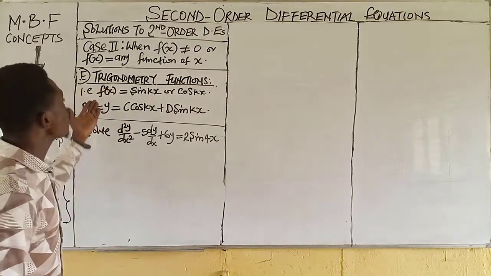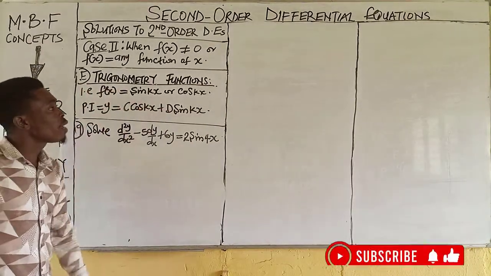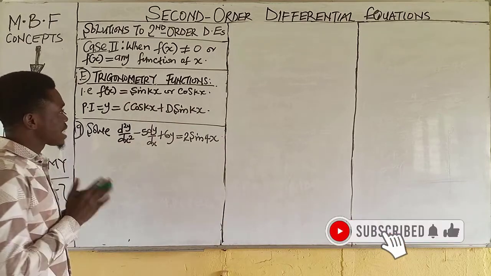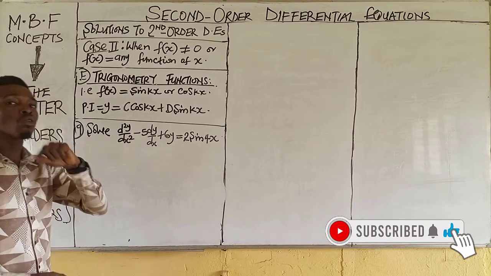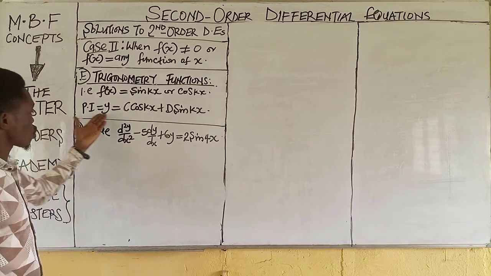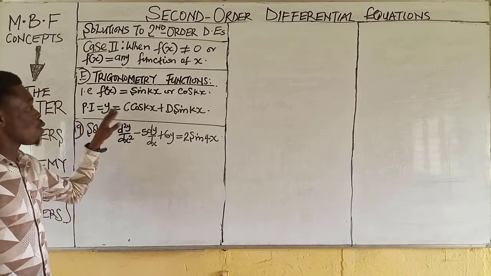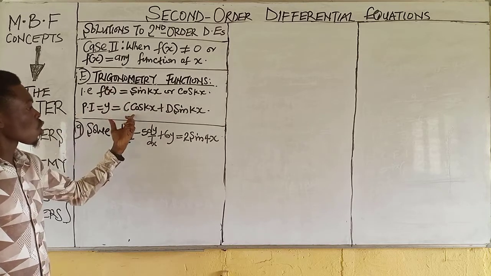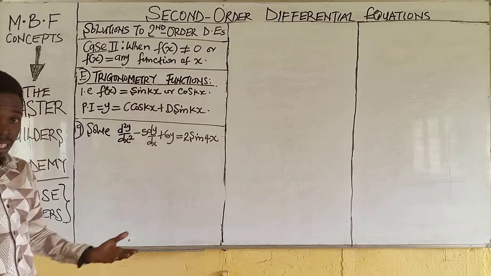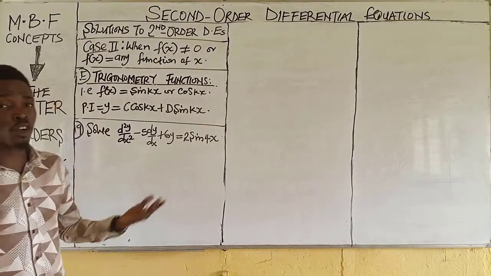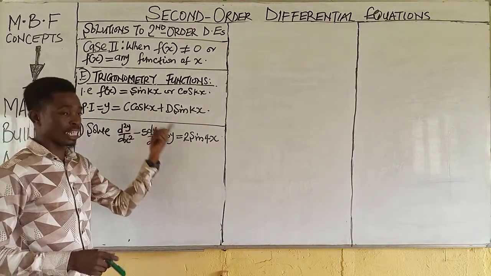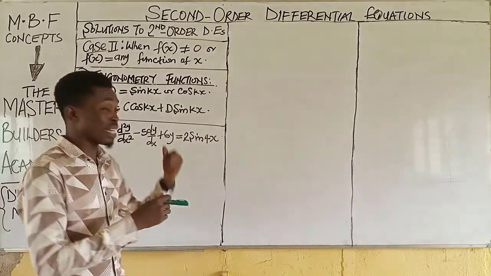Now, how do we provide a solution to any trigonometric function? Hey guys, the particular integral for trigonometric functions is y equals c cos kx plus d sine kx. Of course, by now you shouldn't have issue with c and d, because this is the particular integral.